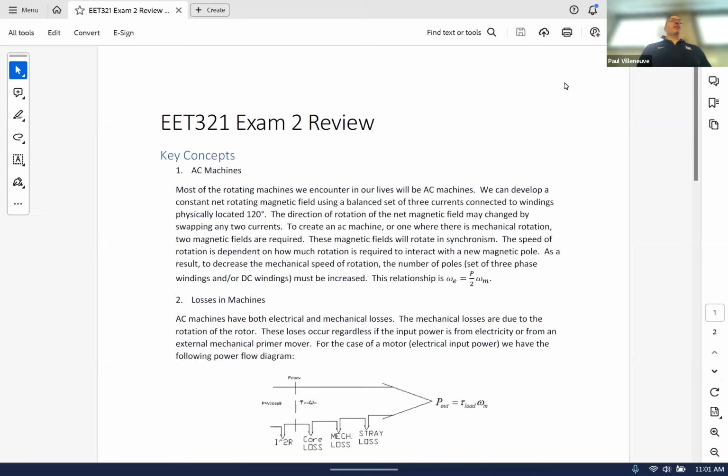All that stuff that we did at the beginning of the semester is still applicable. So if you're struggling with any of those concepts, when to use the square root of 3 or when to use 3, when to do leading or lagging, that type of stuff is particularly important.